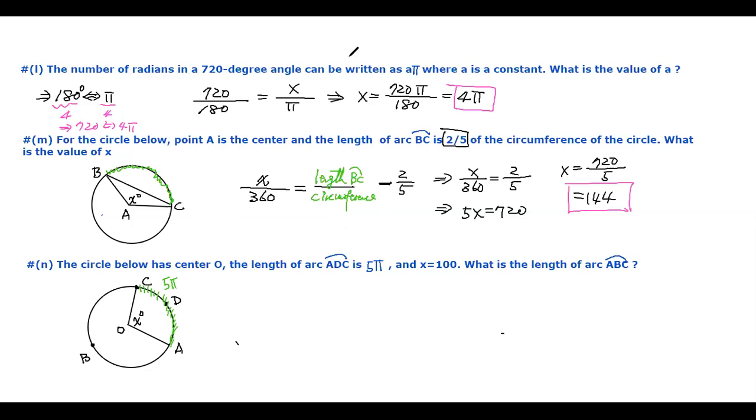Remember, x is 100 degrees, so we use 100 over 360 because we use degrees. This will be the same as the ratio of the length, the same thing we use many, many times. So it's the length of the AC over the circumference. The length of the AC is 5 pi.